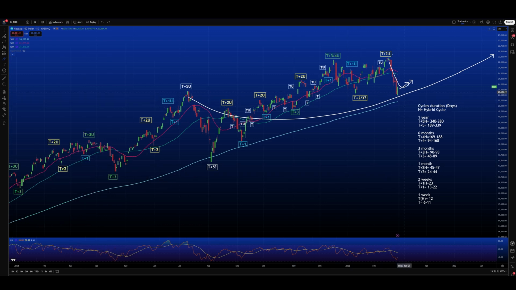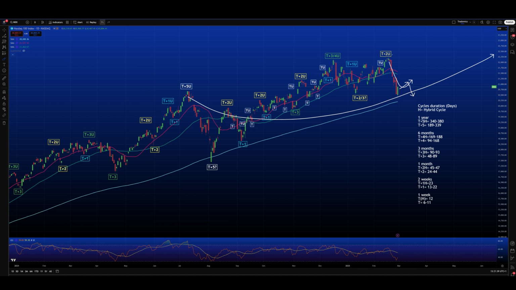What is important for next week? The beginning of next week, this is what we can foresee. But from Wednesday, Thursday, when the weekly cycle will be completed, then we have to see the push to the downside. And if the push to the downside goes lower than this low after less than 6 days, then we will have a T+2 that will not be completed, and therefore we will have this hook to the downside with a target of moving average 200.